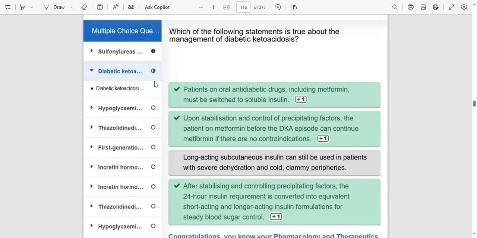So for option A, we want the true ones. Patients on oral antidiabetics like metformin must be switched to soluble insulin. Does anyone have any thought why it's so?